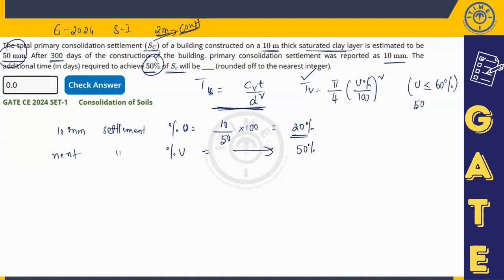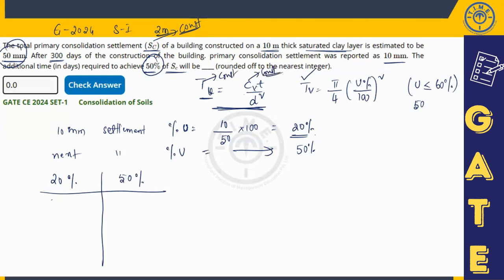And we know the formula TV equal to CV T by D square. That means in the 20% and 50% cases, let's take two conditions. CV is a constant parameter. TV, time factor, is a constant parameter. TV is constant. CV is constant.